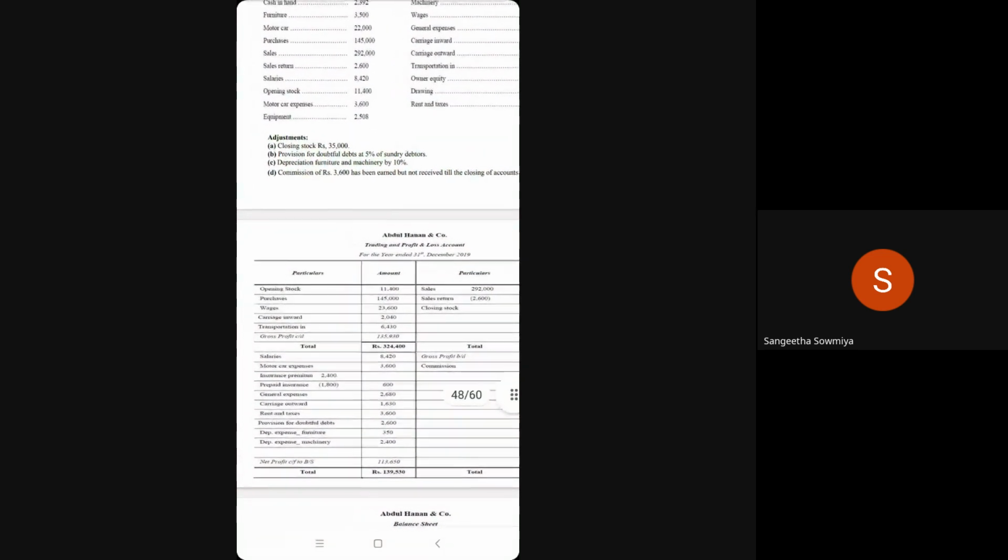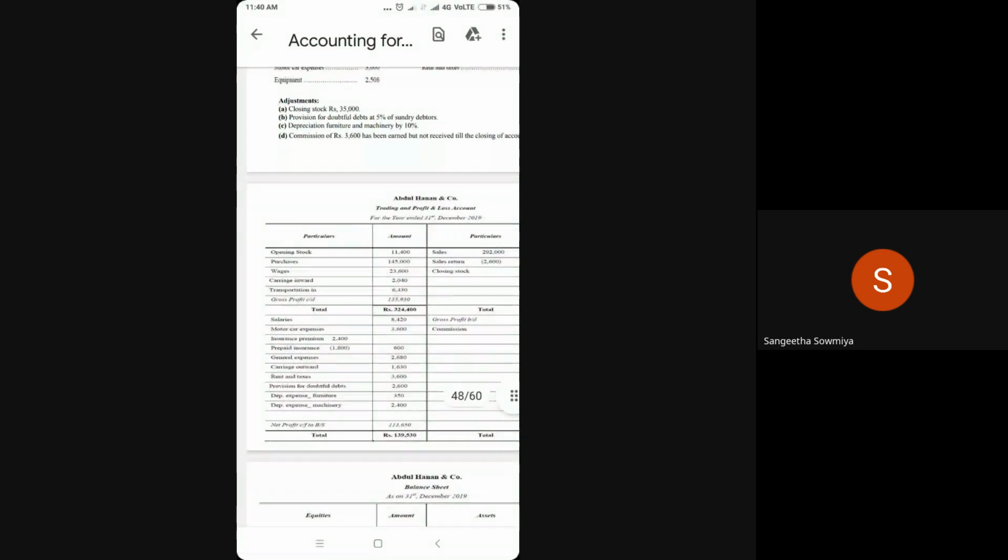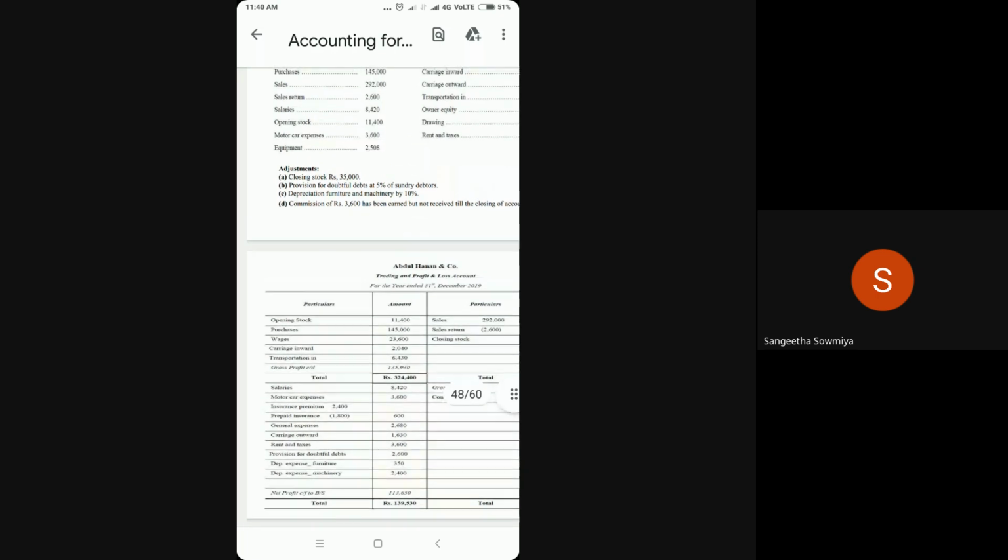Here in this adjustment, it is given 5% you create provision on sundry debtors. Sundry debtors, how much is given? That is credit sales. You have to collect it from your debtors, right? So how much do you have to collect? 52,000 you have to collect. So 5% you are making as provision for doubtful debt. So debtors is how much?